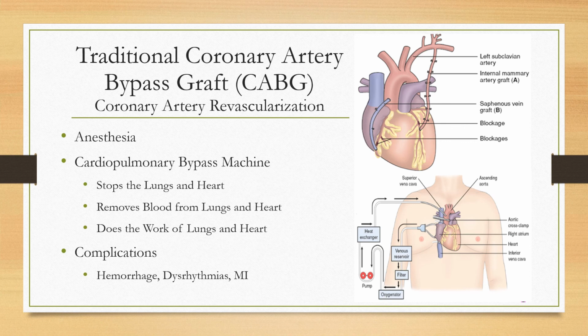And it's taking blood from the venous system, so the bottom right here, going through a pump, and putting it into the arterial system. So the coronary arteries are still being fed with blood, okay? So it basically does the work of the lungs, so it reoxygenates, and it does the pumping of the heart, right? While the heart is stopped.